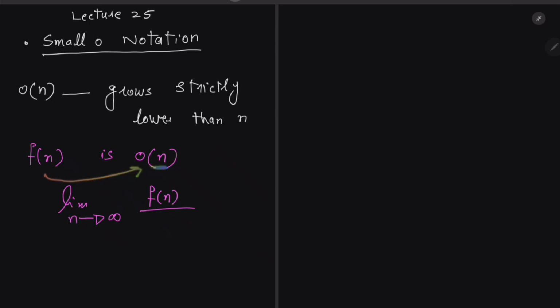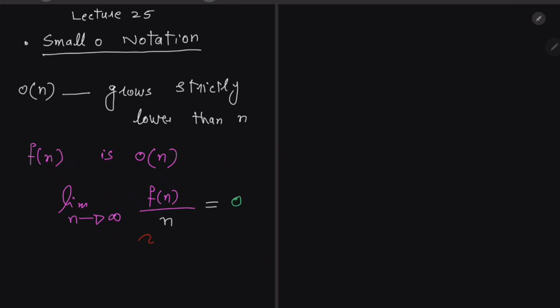So when we take the limit, this value is far less than n. If it were equal to n, the answer would not be zero, but here the limit gives us 0.